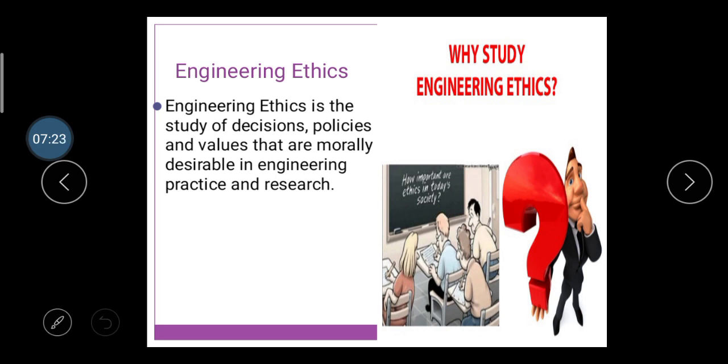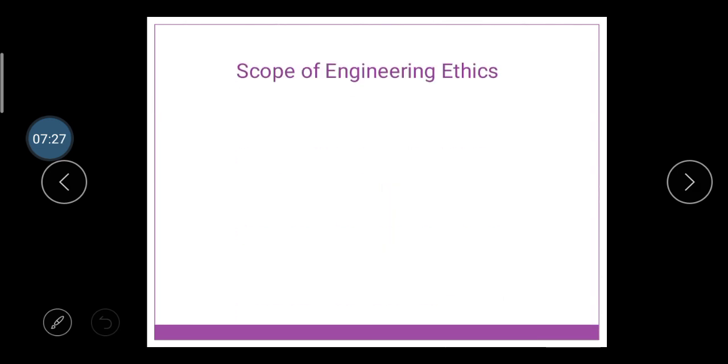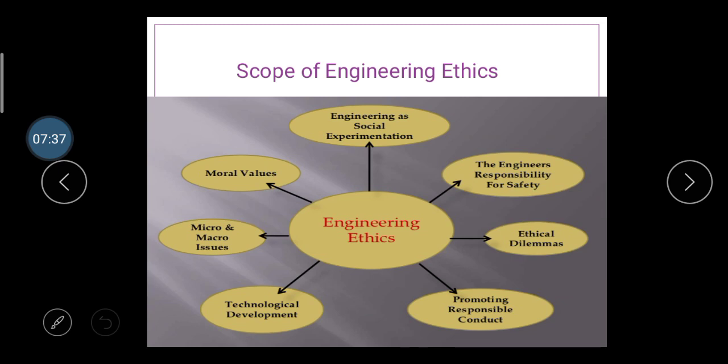Okay, then after, what are the scopes of engineering ethics? First one is the introduction, then the second topic is the scope of engineering ethics. So here are the scopes of engineering ethics. First one, engineering as social experimentation, because whenever you work as an engineer, society and the public have some type of expectation regarding new experiments.